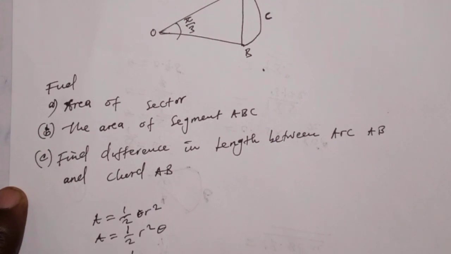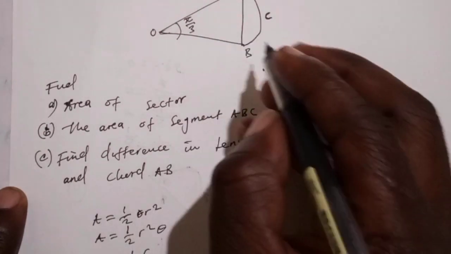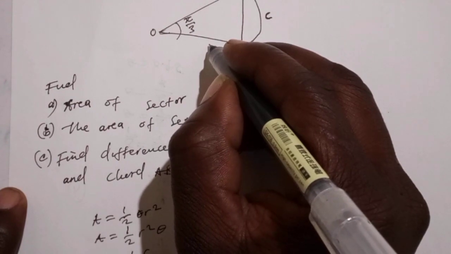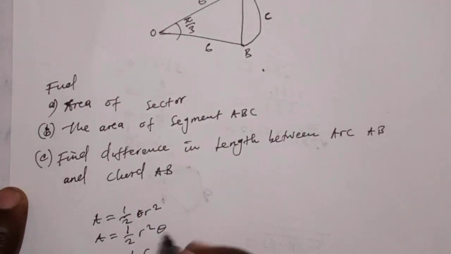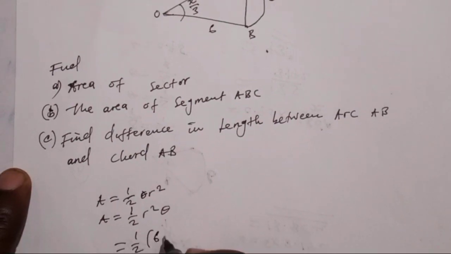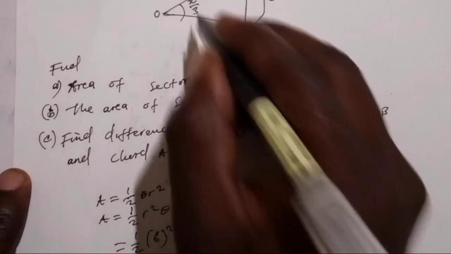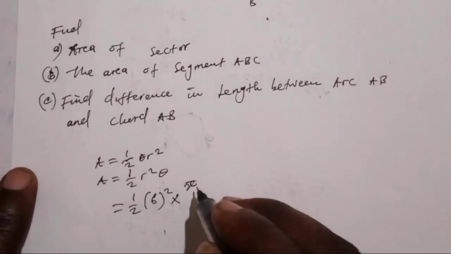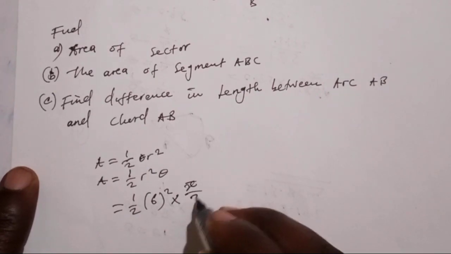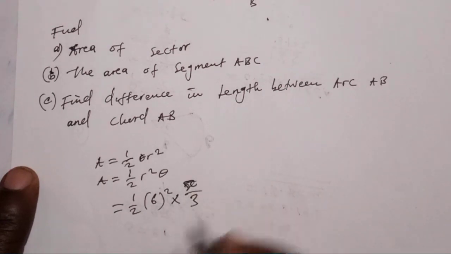Then half radius, here we have a radius of 6. So if we put 6 here, squared, multiplied by the angle, which is pi over 3, not theta.